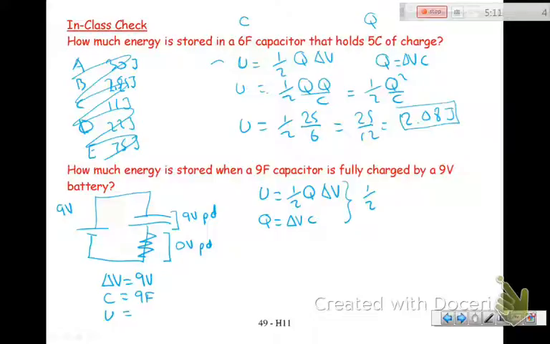I want to get rid of my Q, so I'm going to say delta V times C times delta V. So this equals 1/2 delta V squared times C. So this equals 1/2 times 9 squared times 9, which equals 4.5 times 81. Is that right? Yeah, 4.5 times 81, which is a big number.